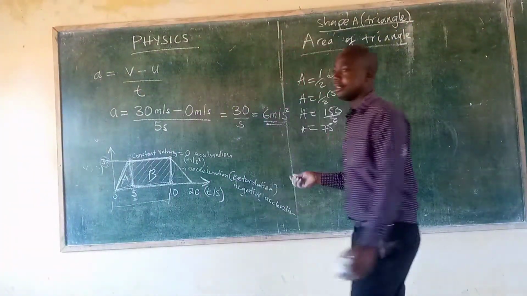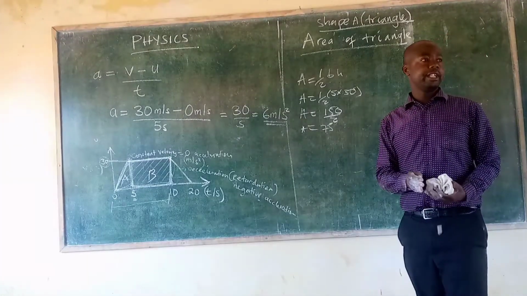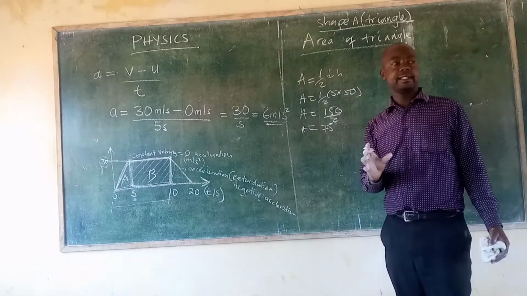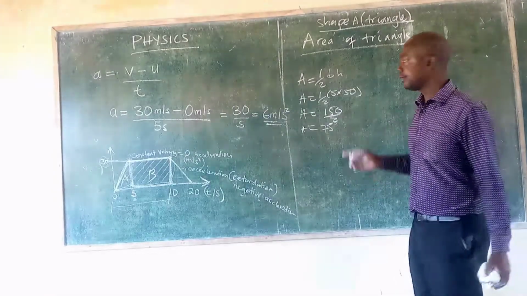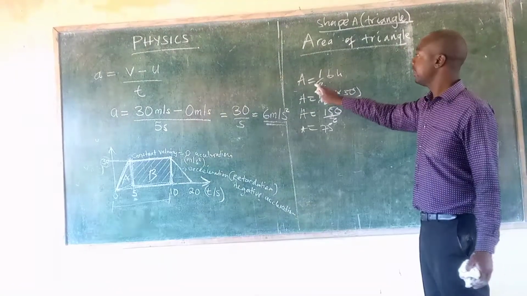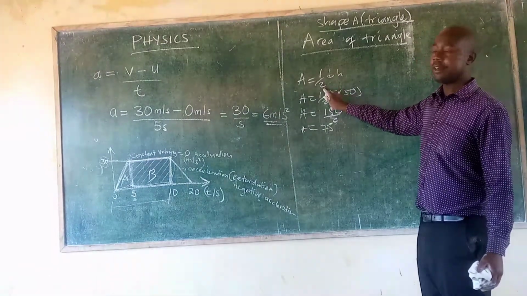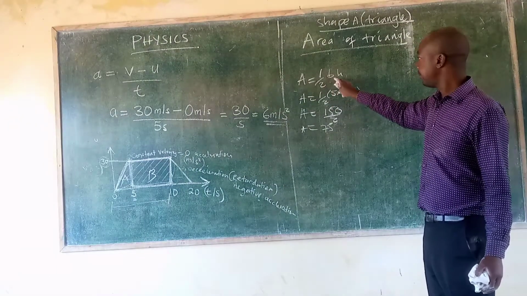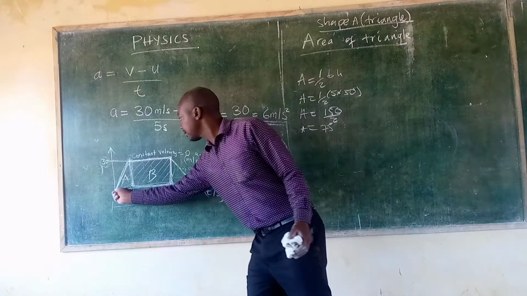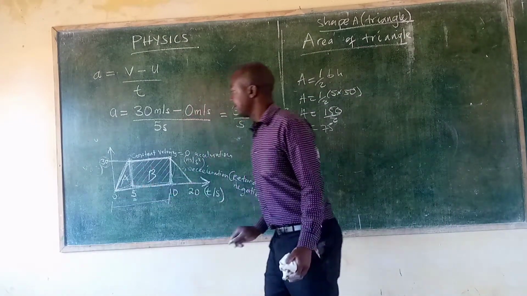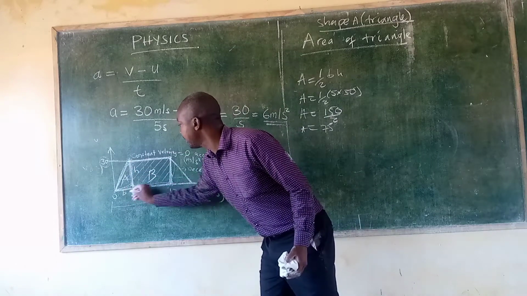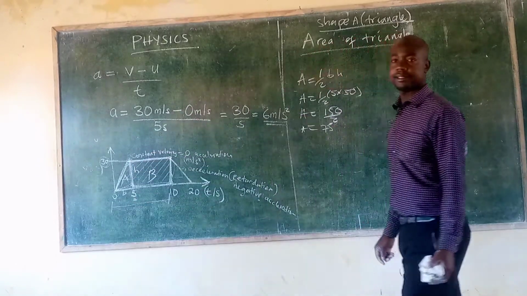So it's very simple. It is the knowledge that you have in mathematics on how to calculate the area of a triangle. As he explained, the area of triangle A is equal to half the base times height. The base is the distance from here. The height is the distance from here. So this is our base, and this is our height.